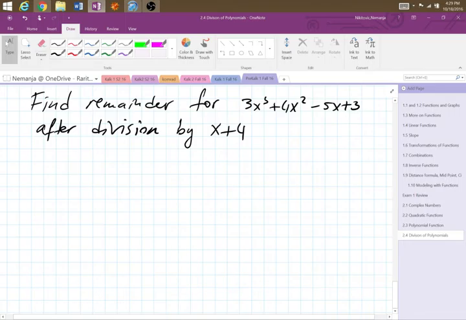So we have two ways to determine the remainder after division by x plus 4. One way is to actually divide and then take a look what it is, or the other one is just to simply compute it as f of negative 4. So let's first divide because we can.